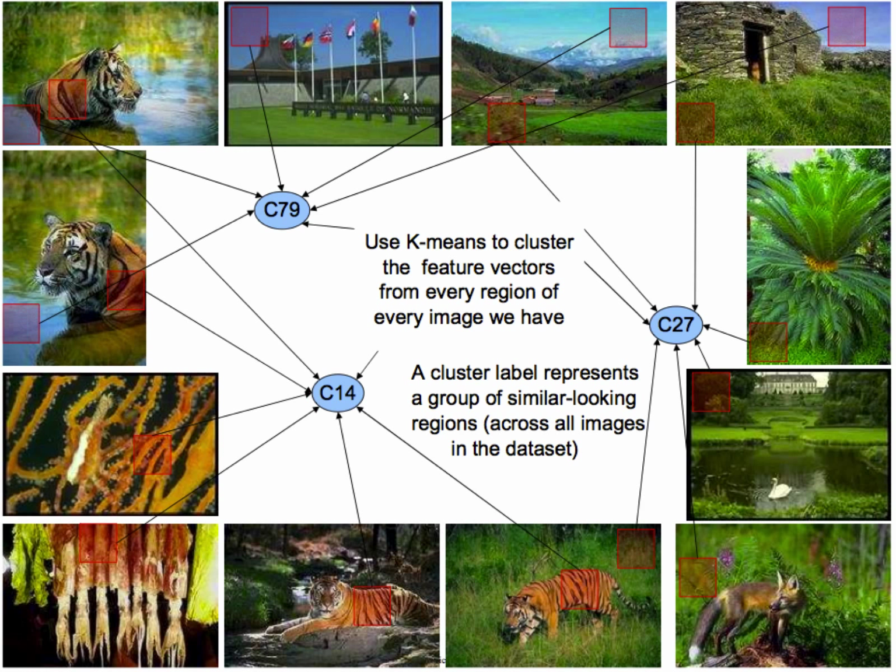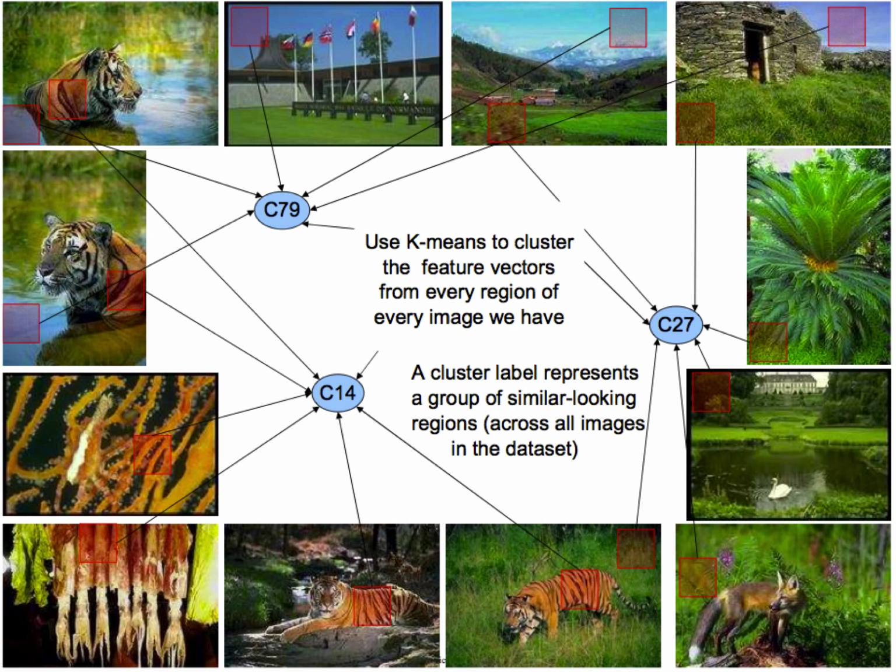Some of those are water, some of those are sky, but they're all visually similar, with similar color histograms. Green patches, patches that have large proportions of green and maybe vertical edges, they'll go into C27. And maybe these tigery patches that look kind of like a tiger, maybe they'll go into C14.